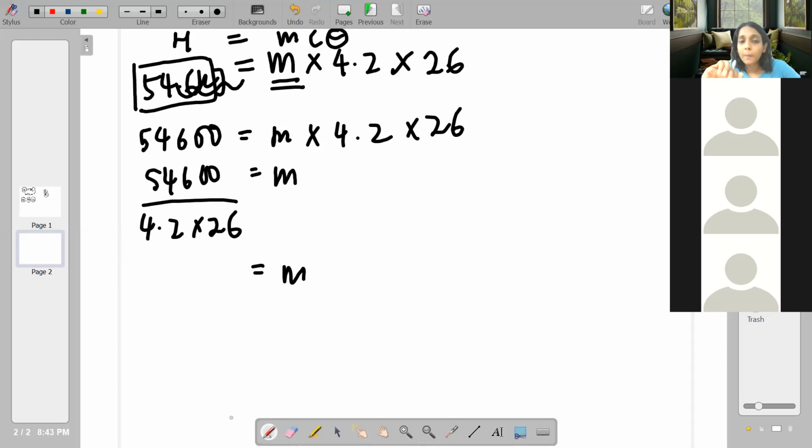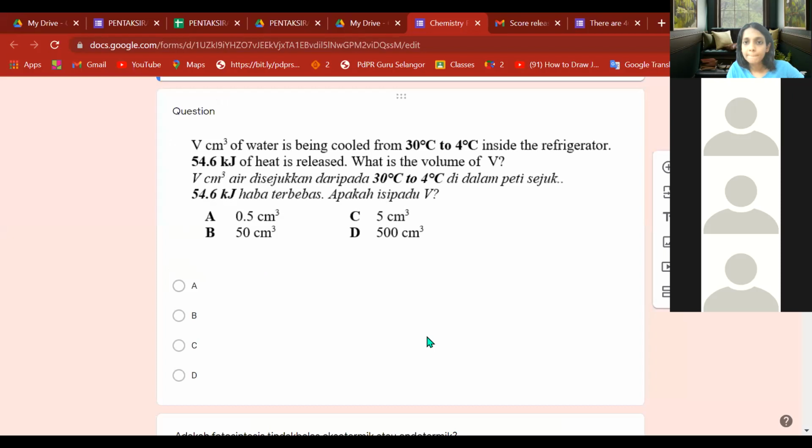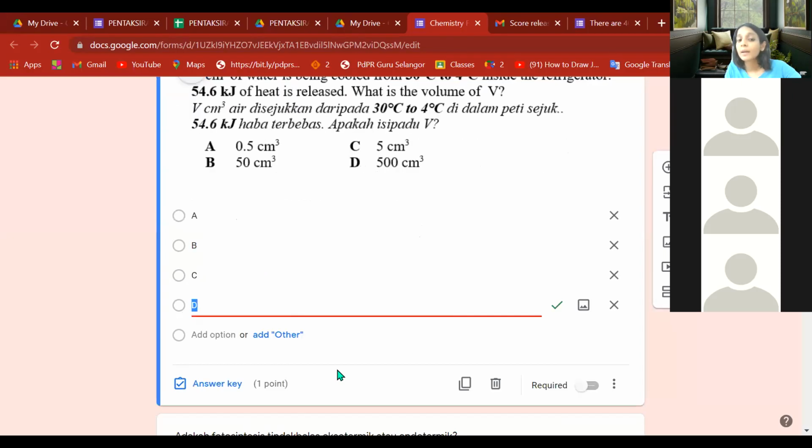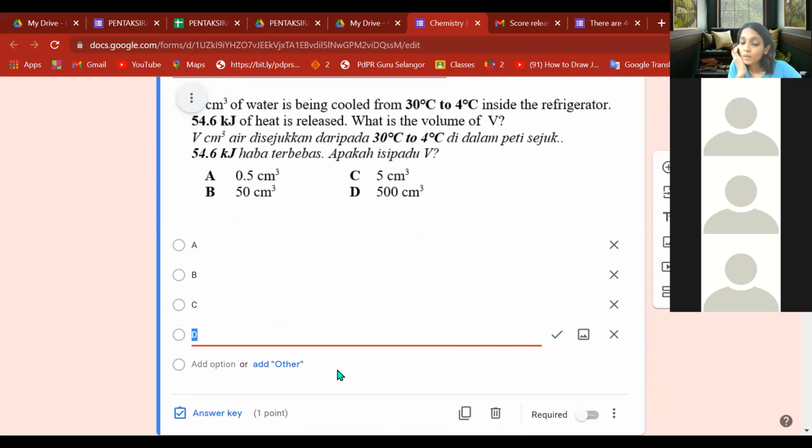What's my answer here? 500. Very good. And my answer is 500 centimeter cube. If you look at the answer in my Google form, my answer is D. Correct.